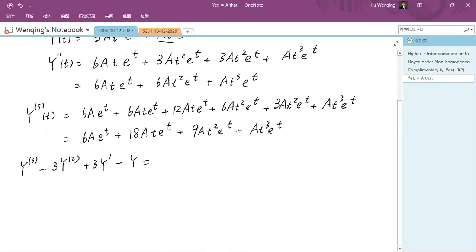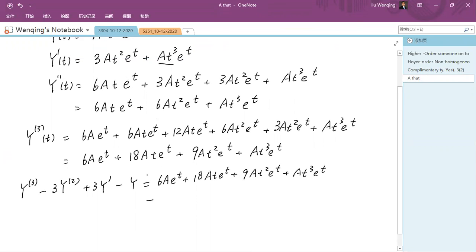So for the whole thing you want to calculate, you just want to put all these formulas there. So 6a e power t plus 18 times a t e power t plus 9 times a t squared e power t plus a t cubed e power t, right? So you have this one. Now minus 3 times y second derivative.